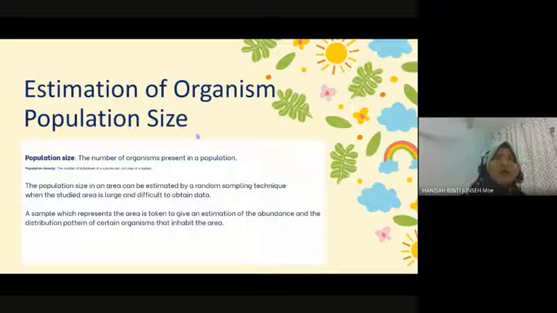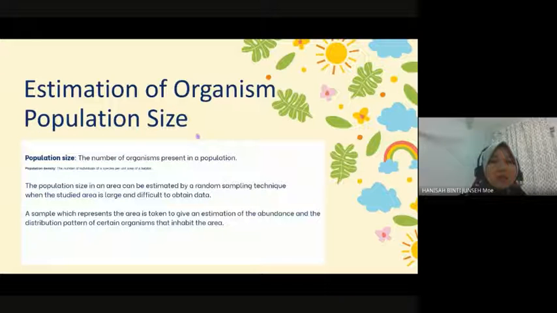Let's say we go to our... we don't really have a field at school. Okay, so we look at this field at this stadium complex kan. Kita mau tahu dalam padang tu dia ada spesies plant atau spesies rumput yang jenis apa banyak.